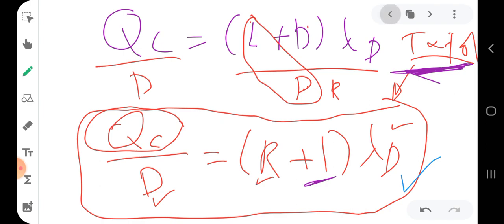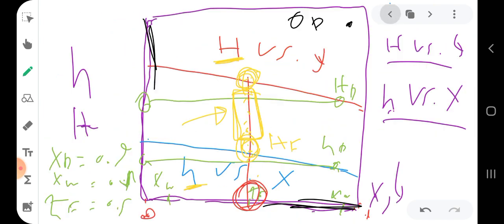So I can say where my HF is exactly. Is it here? Is it here? I can use this equation to determine its place exactly.